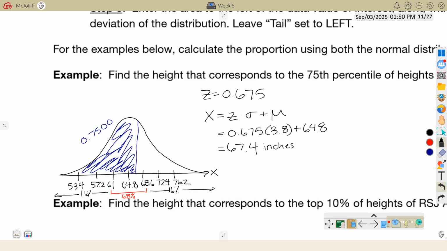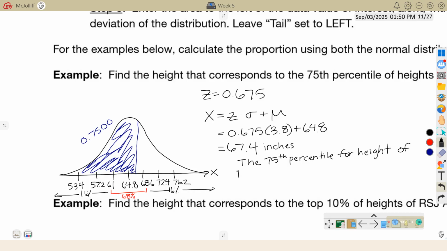And I wouldn't stop there. I'm going to attach units to my answer, and then I'm going to write a sentence, right? The 75th percentile. I will write this one out for you. For height, and what were we measuring the height of? Yep.